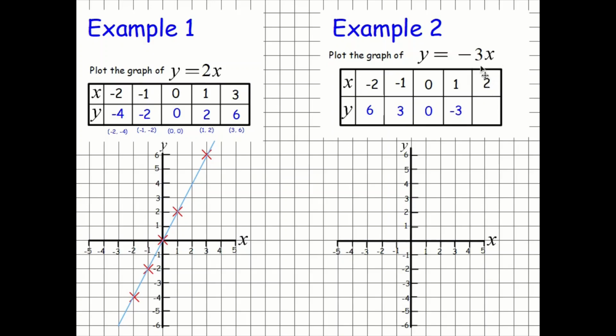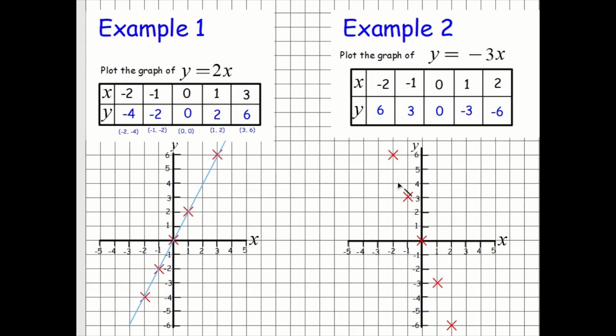And 2 multiplied by minus 3 is minus 6. So let's plot those coordinates. Minus 2, 6 is there. Minus 1, 3. 0, 0. 1, minus 3, and 2, minus 6. Okay, let's join up those points in a nice straight line. And that is the line y equals minus 3x.